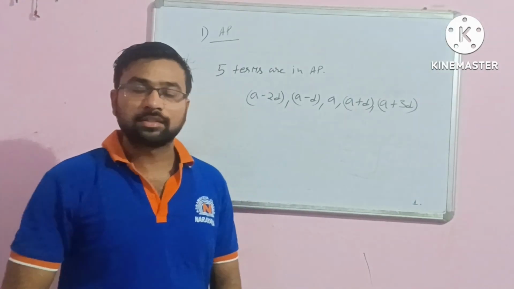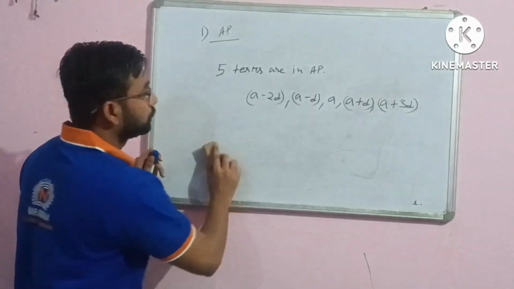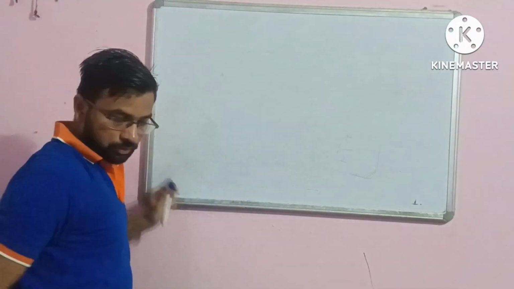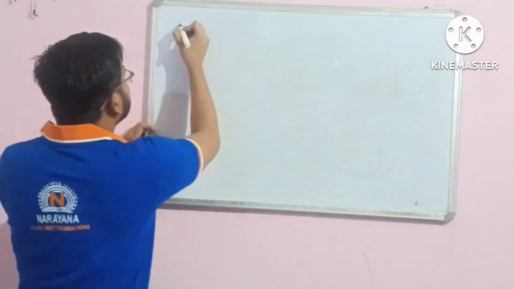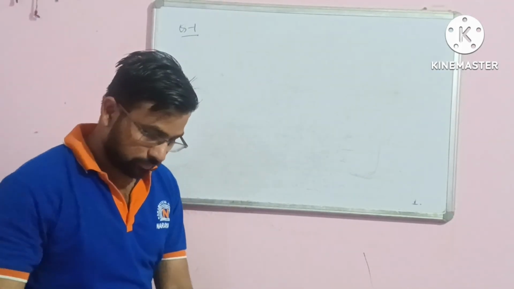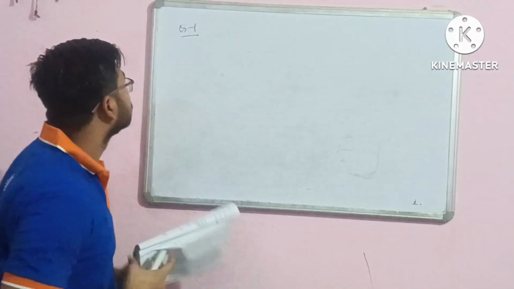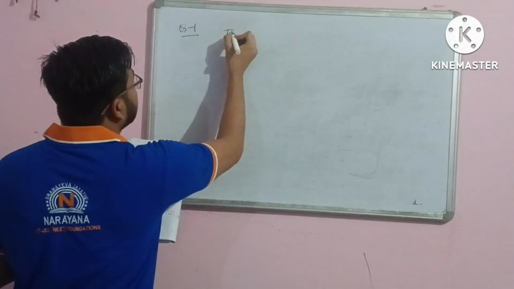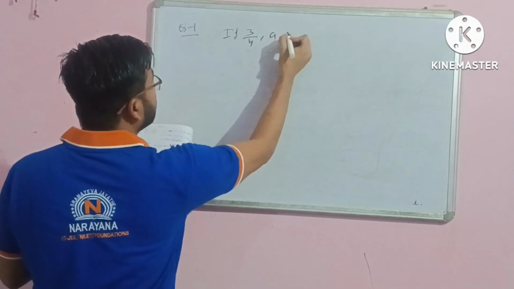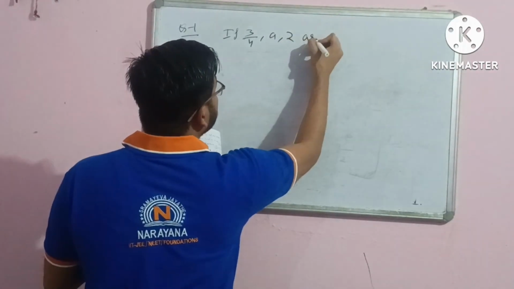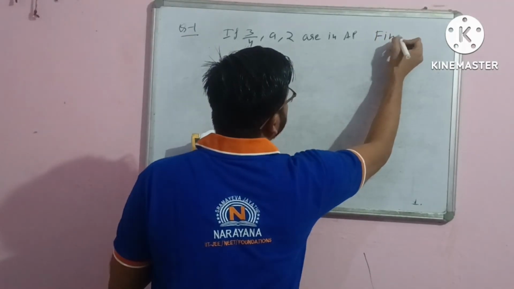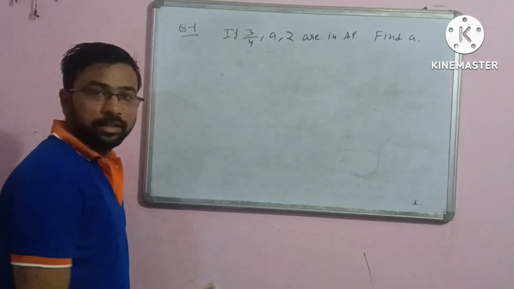Now we will solve some examples of AP. First question: if 3 by 4, A, 2 are in AP, find A. We have to find A in this question.